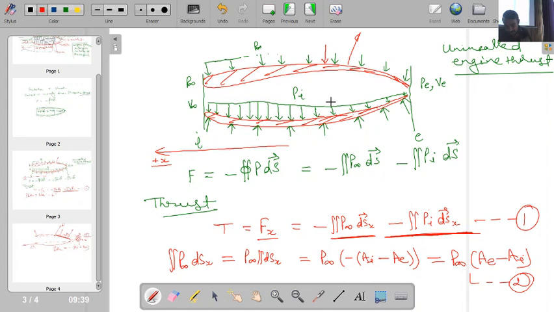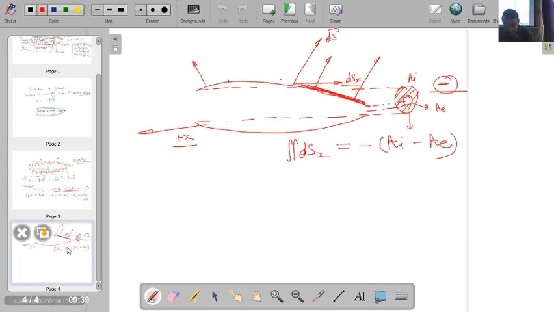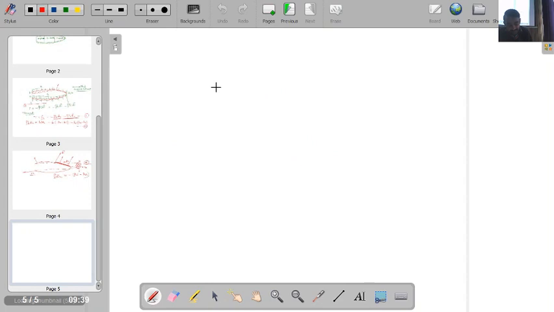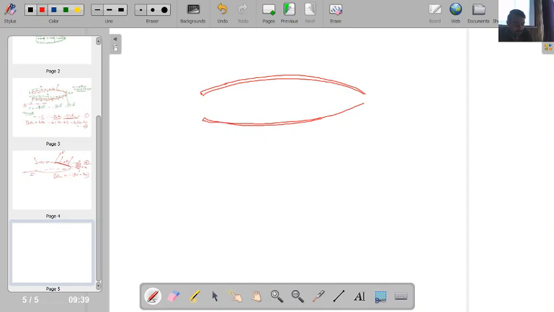What I will do now is consider one interesting situation. This is my body, this is the solid body on which gas is applying pressure from inside, and that pressure is Pi.